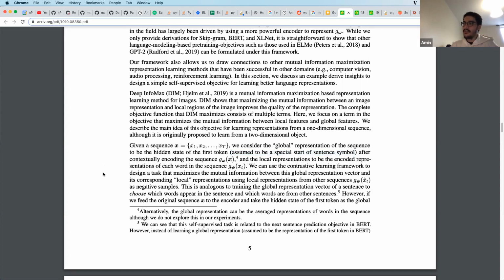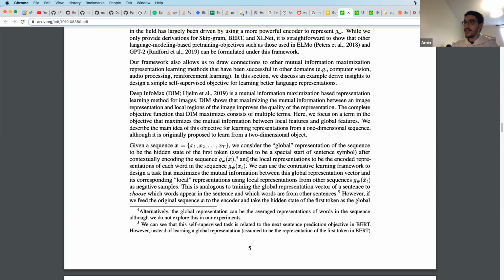You see something similar in BERT as well, where a linear transformation and softmax is applied to the hidden state of the first token.